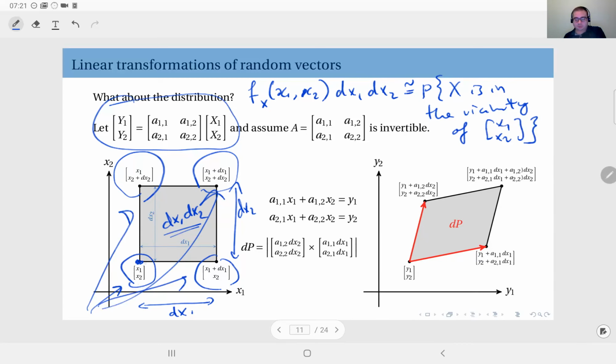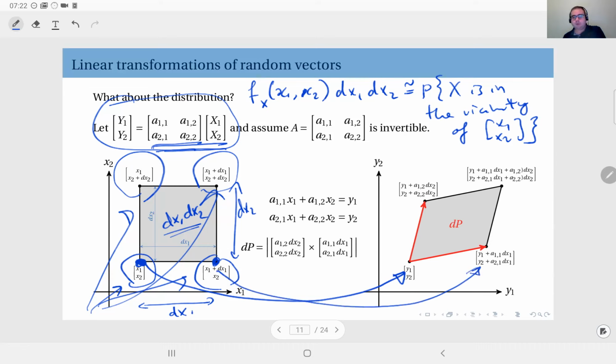So x1, x2, this point here, maps to this point here, y1, y2. And this point here, x1 plus dx1, x2, when you apply this transformation, maps to this point.